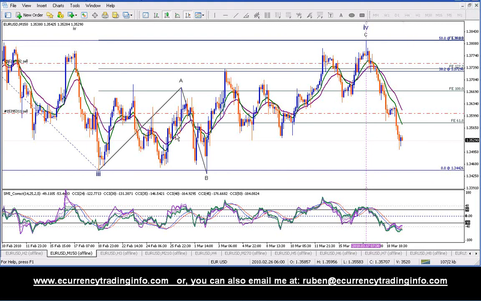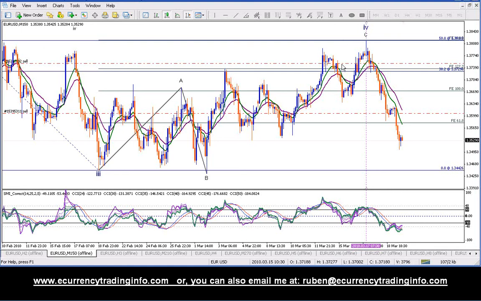After the fact, I can look and say, well, this could be an A, B, and C of A. This could be a B, and this could be a C. If this is the right count, notice that the B had gone beyond the beginning of A, which would make it a triangle. But I'm not really sure.